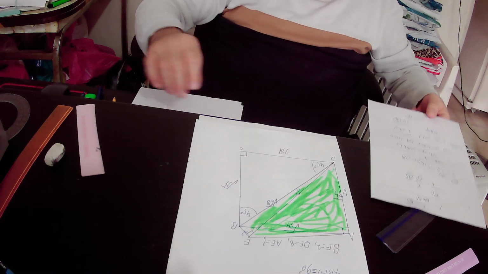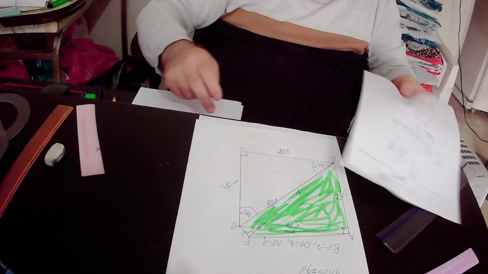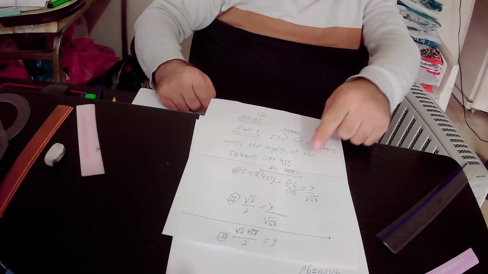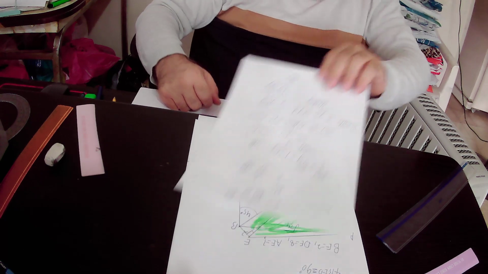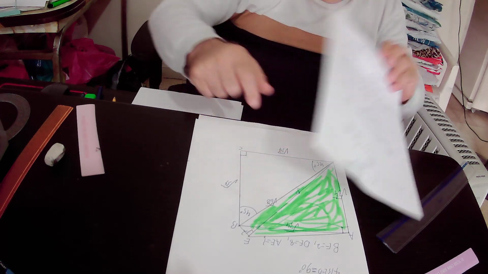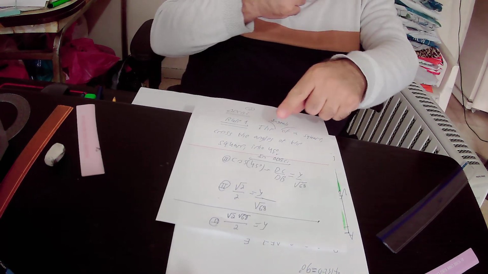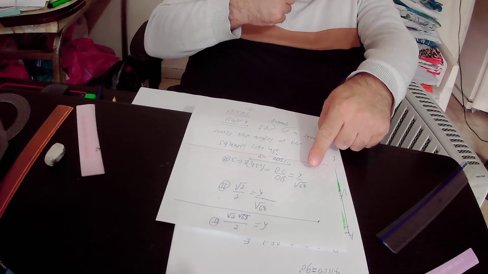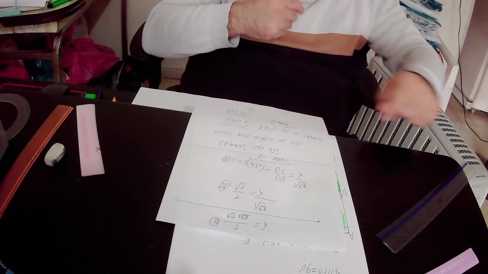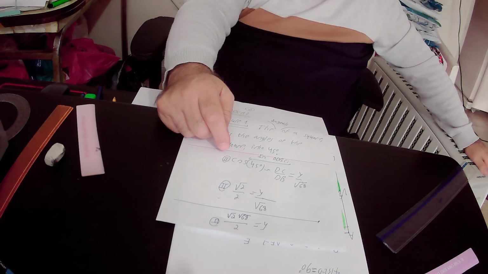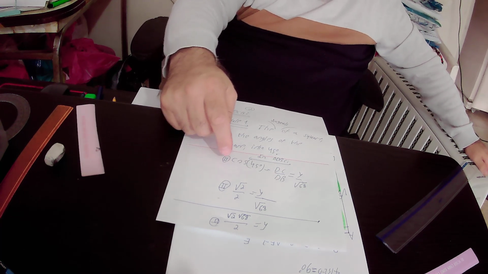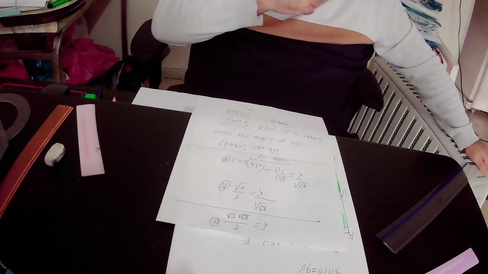But we defined DC as Y, and DB equals square root of 68. So in total, cosine 45 degrees equals Y over square root of 68.